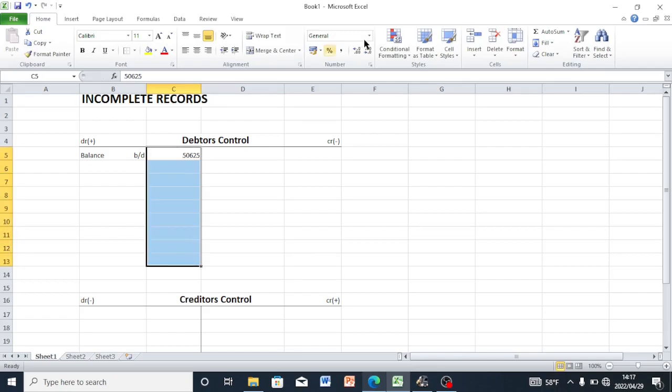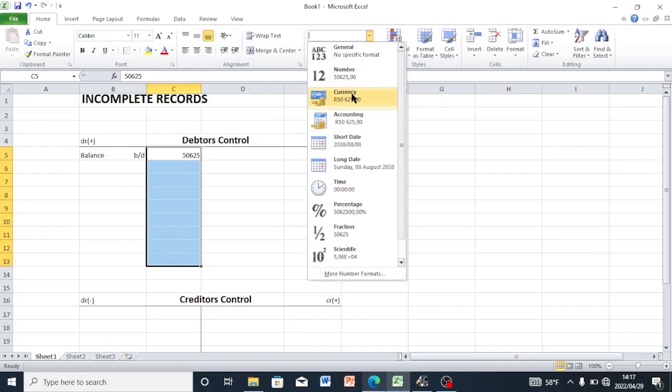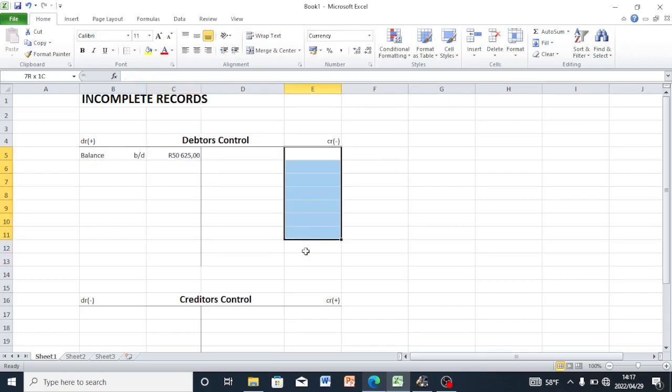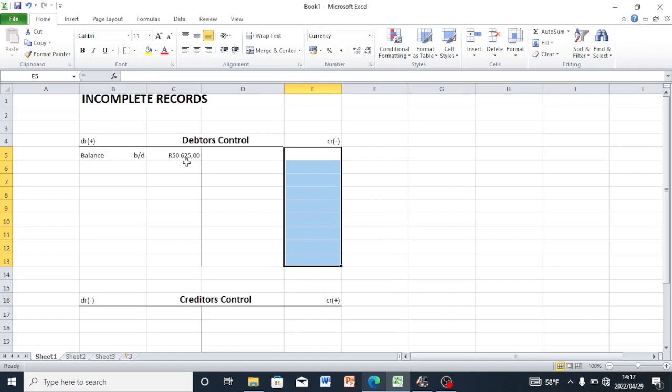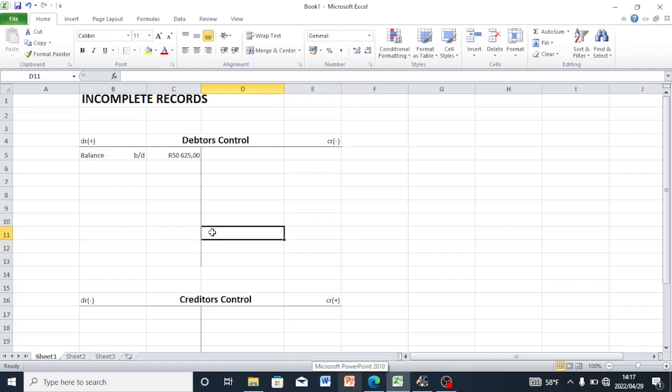Let me just do this to go under currency, as well as this column. So moving forward, let me just put our balance carried down here.